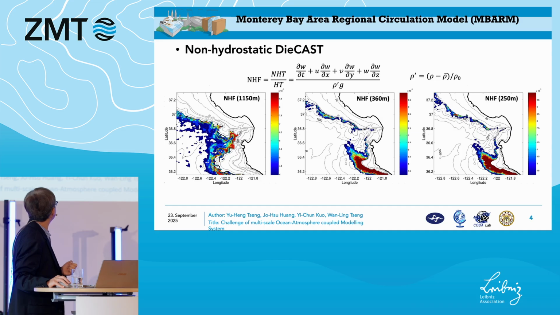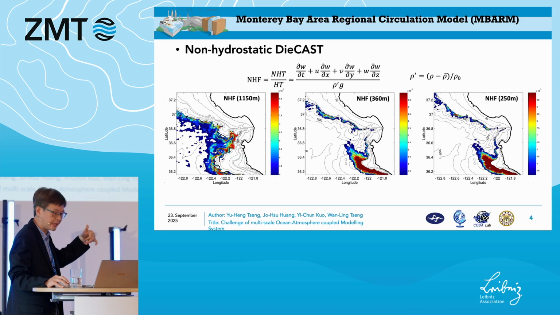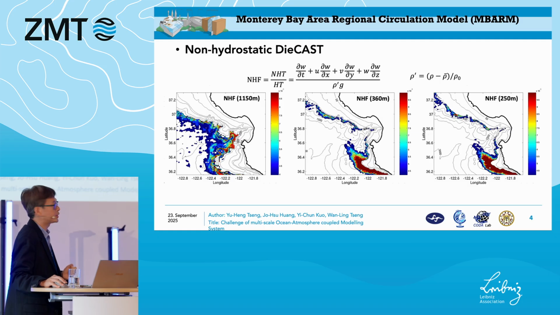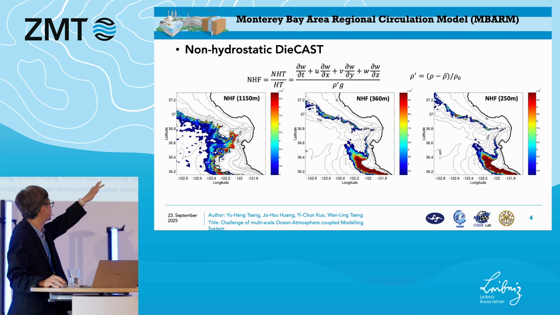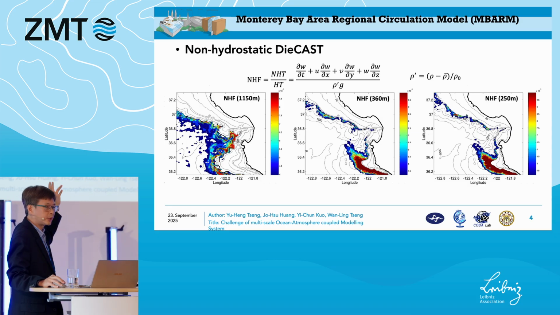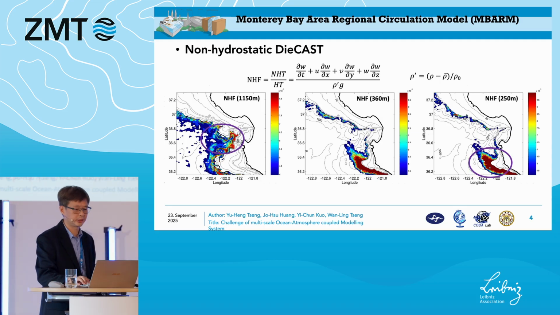One is within the Monterey submarine canyons, with very steep topography, where we can see very strong effects from the deep ocean. The other place is the Point Sur, a ridge in a very shallow place. So both in deeper canyons and very shallow locations, we can find very important non-hydrostatic effects.